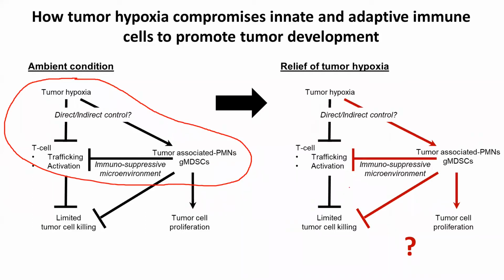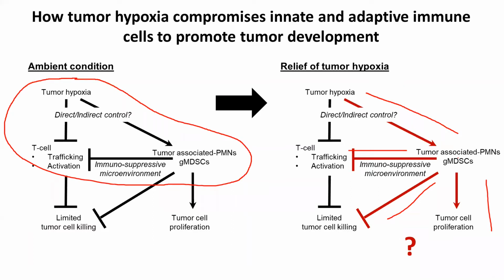Given the role of these tumor-associated neutrophils and MDSCs in tumorigenesis by limiting tumor cell killing, improving tumor cell proliferation, or generating an immunosuppressive microenvironment, we decided to first focus on the relationship between tumor hypoxia and tumor-associated PMNs.